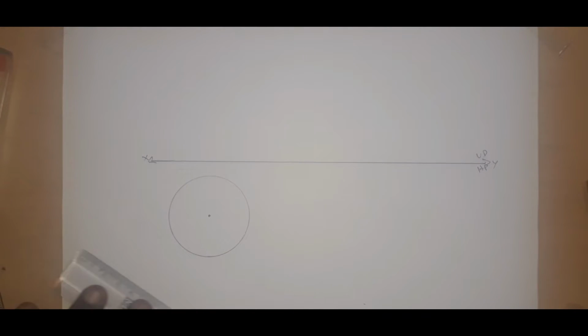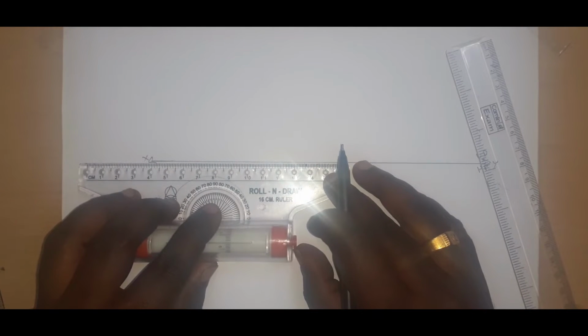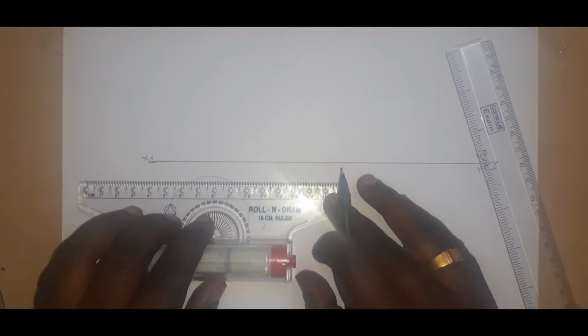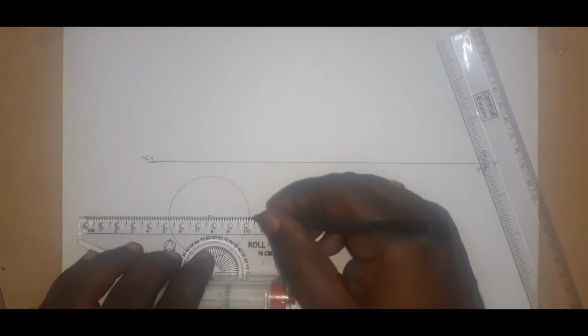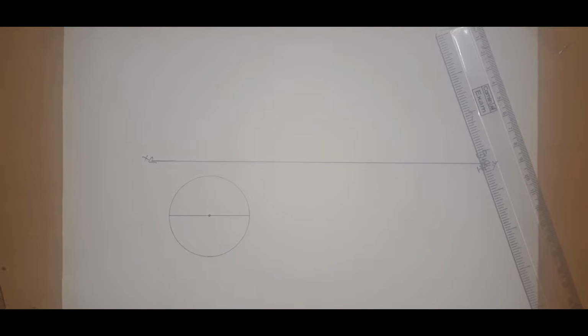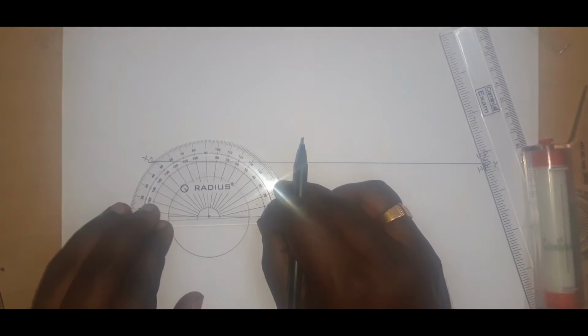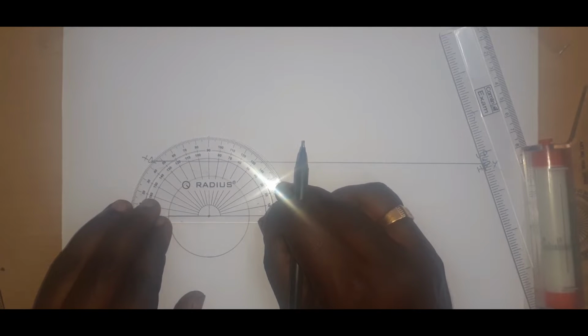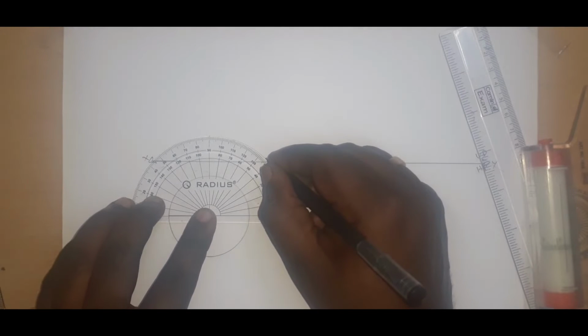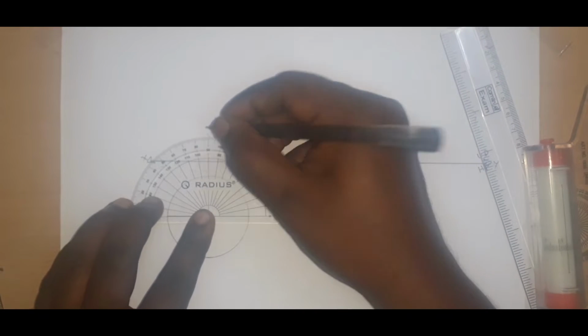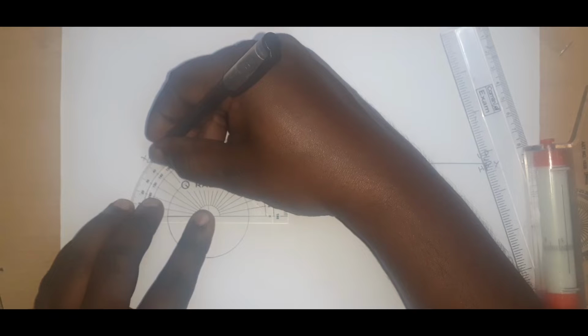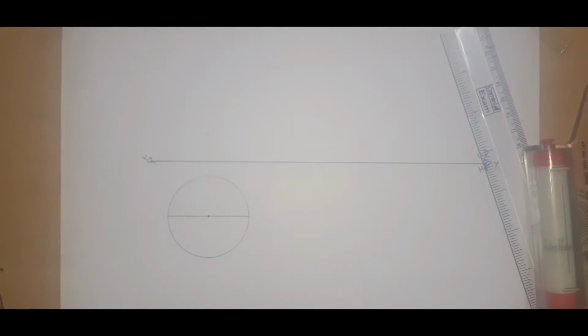Now first I will draw the horizontal line. The horizontal line has to be parallel to this one, so I can draw like this. Now for this I have to draw the perpendicular lines and the 45-degree inclination lines so that it can be divided into 8 equal parts. So this is 45, 90, again 45.